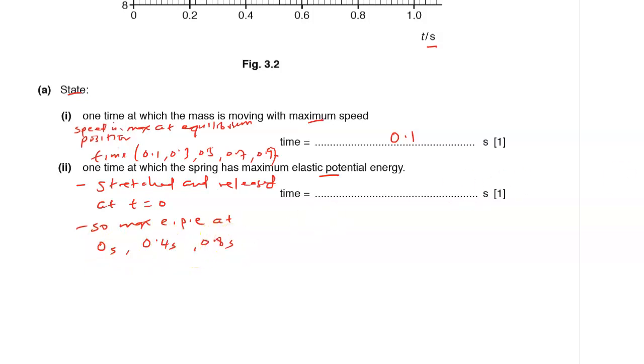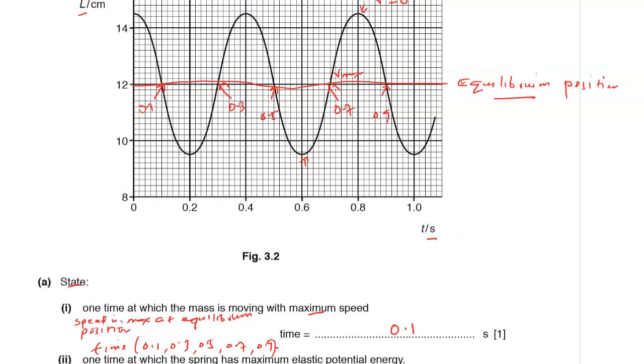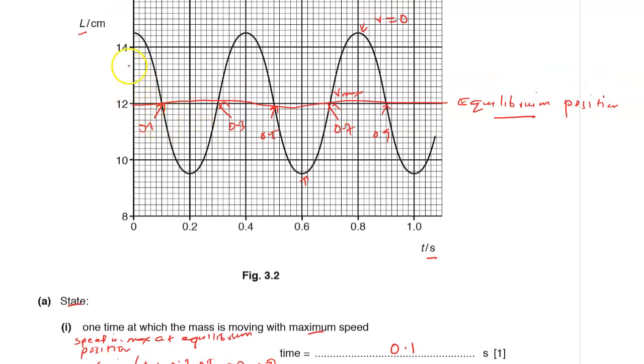I can show you that in the graph here. At this point, this is when it is stretched, right? So this is at t equals 0. And then at this point here, this is when it is squashed, when it comes up, so that is not maximum elastic potential energy. So this point here again, 0.4, and this point here again, 0.8.